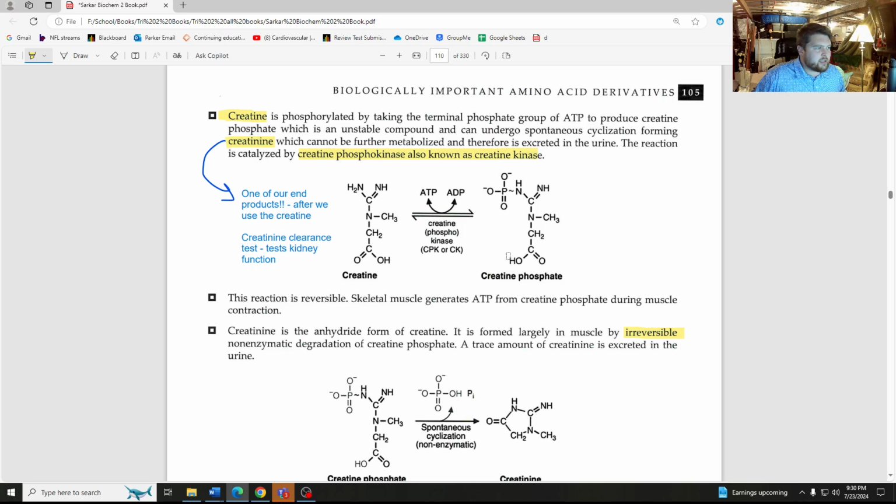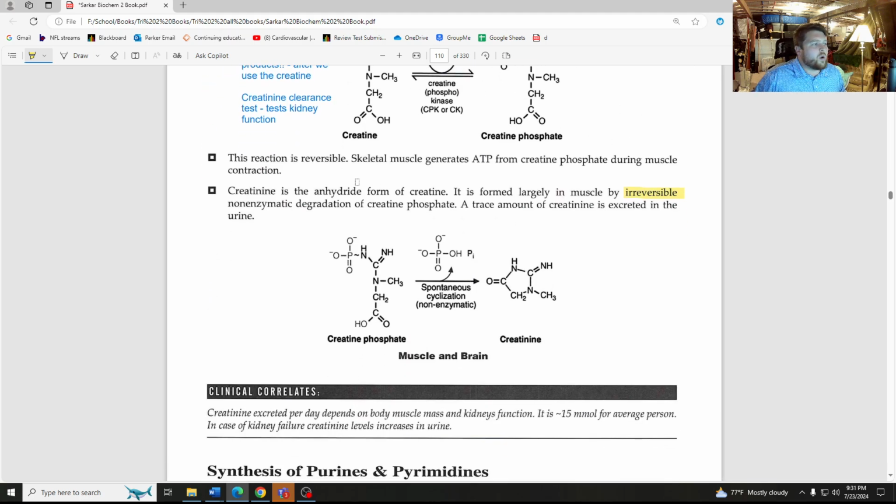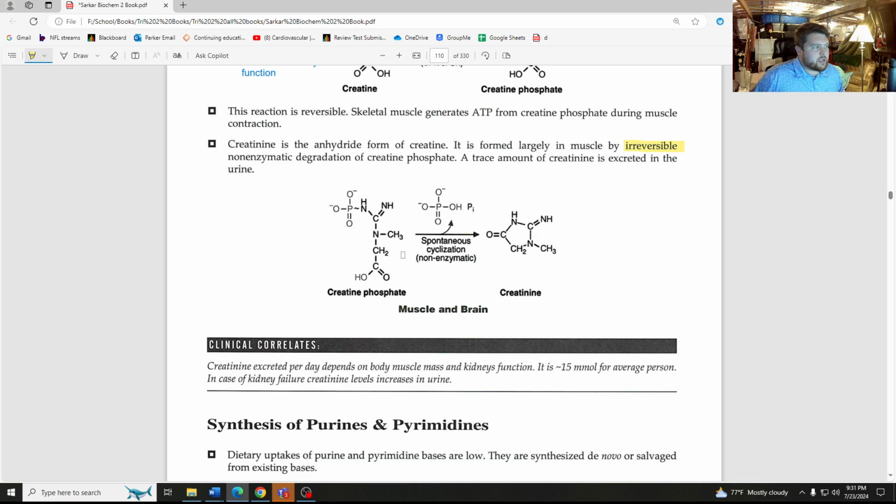Essentially, the creatine phosphate is holding on to a terminal phosphate group of ATP, and it gives that up to an ADP to form more ATP, and then it goes into creatine, and it can go back and forth, to kind of reset and recharge. Once it's all used up, you can get the spontaneous cyclization.